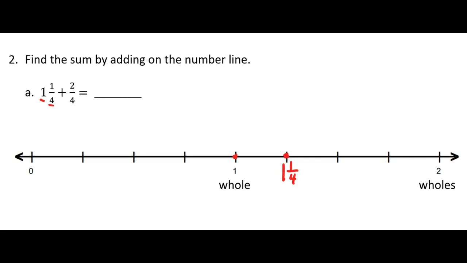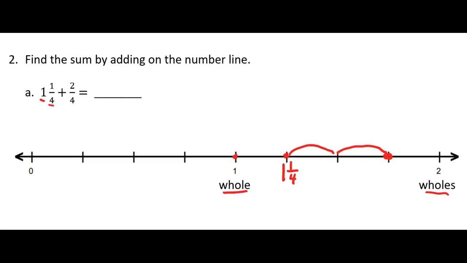To that, I'll add 2/4. Well, my number line has been broken into fourths because between each whole number, there are 4 sections. That means all I need to do is hop forward 2/4. Here's 1/4, here's 2/4. So this dot represents my sum.